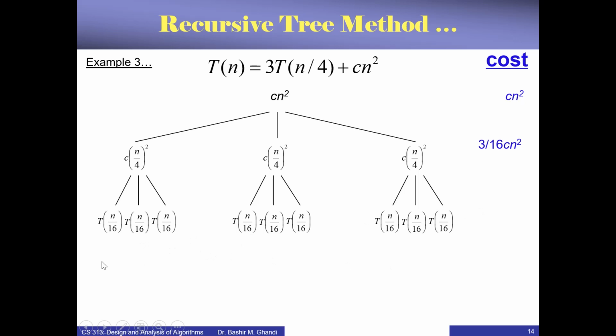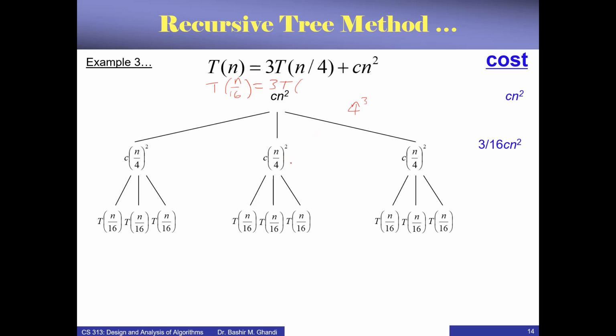Before we look at the third level, let's try to expand one more time to see what we will have. So now I have, instead of n, n/16. So what is T(n/16)? Clearly it's going to be 3T(n/16/4), which is essentially n/64, because 16 times 4 is 64. Another way to look at it is 4 cubed, actually.